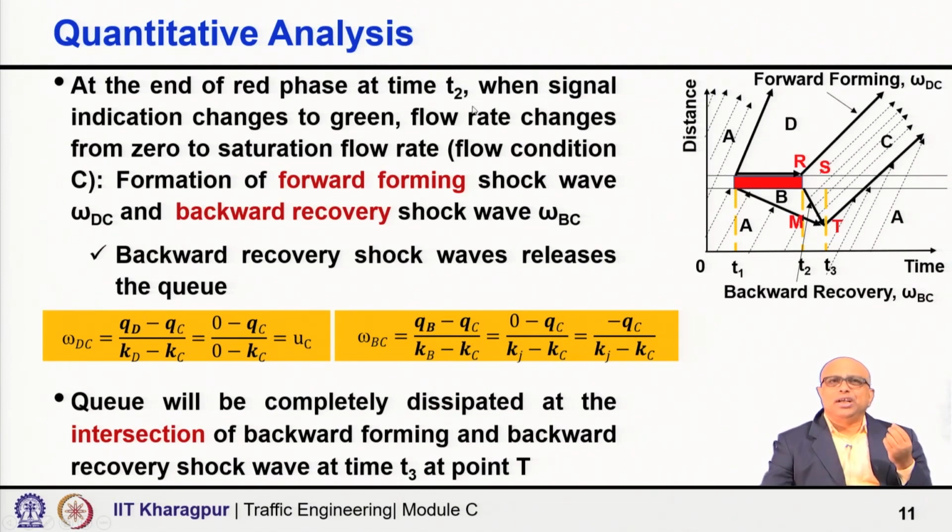Now, at the end of the red phase at time t2, when the signal indication changes to green, the flow rate changes from 0 to saturation flow rate and a new flow condition C is created.